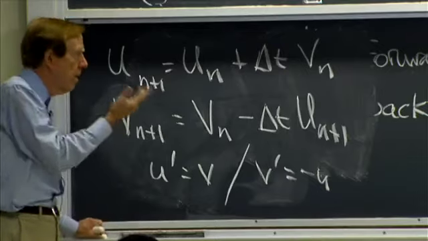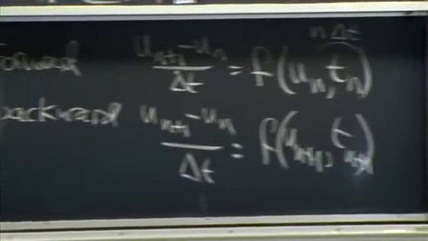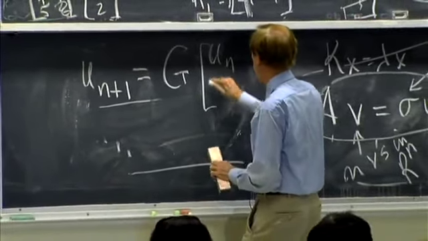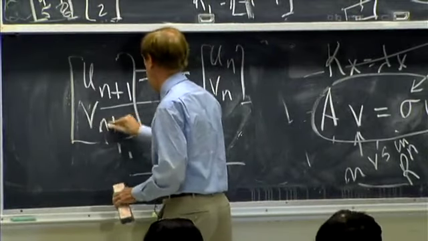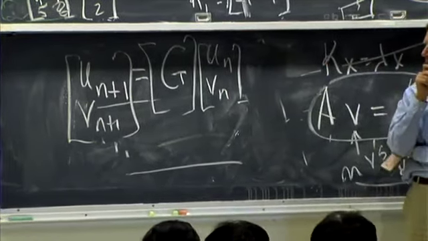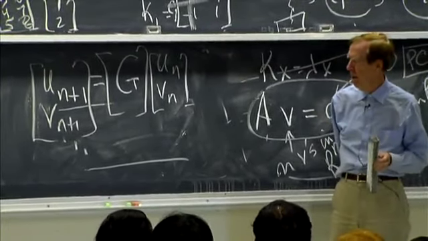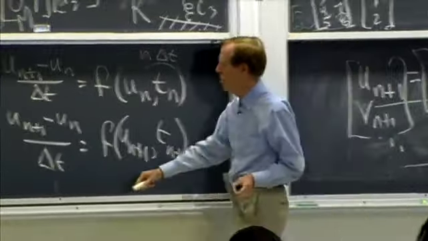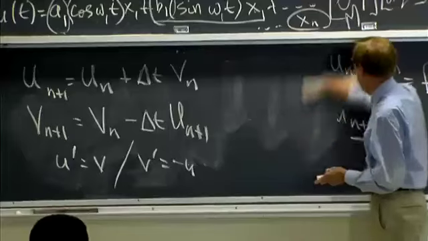Where's the matrix here? I want to find the growth matrix. My growth matrix takes Un Vn to Un plus 1 Vn plus 1, and this is a 2 by 2 matrix. I hope we can read it off, because that's the key. How can we get a matrix out of these 2 equations? Look at them and think, what are we going to do?